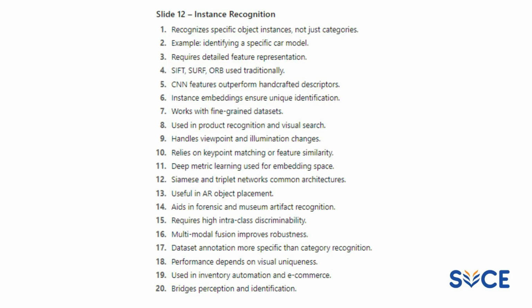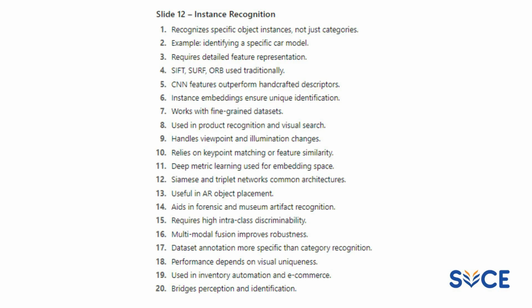First one is the data collection. A dataset of specific object instances is collected, for example, different bottles, specific cars, or product items. Each image is labeled according to its instance, not just its class.